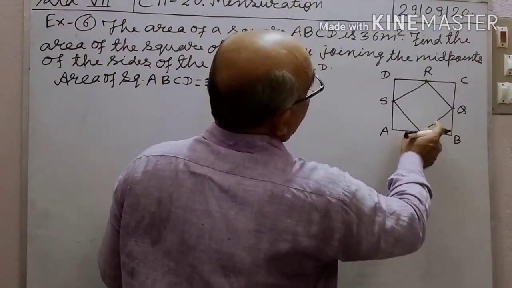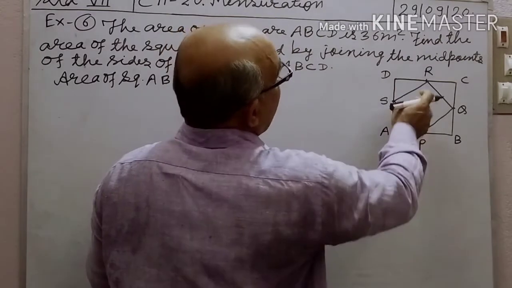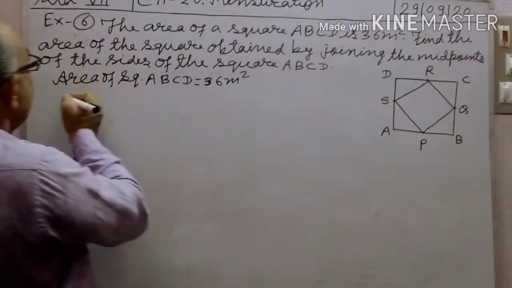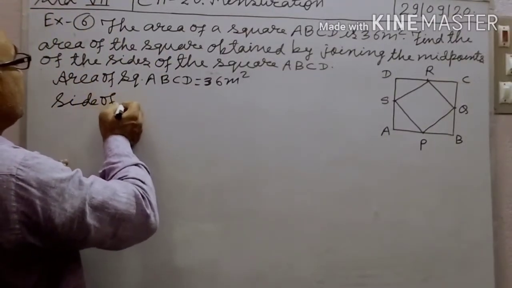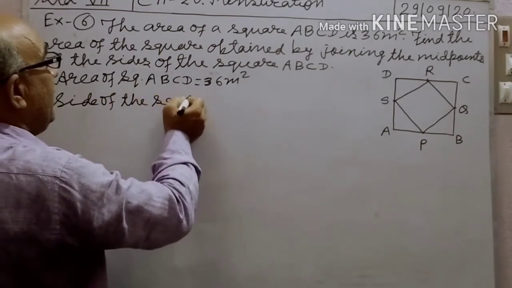So PQRS is also a square. We have to find the area of square PQRS. So find side of the square ABCD.